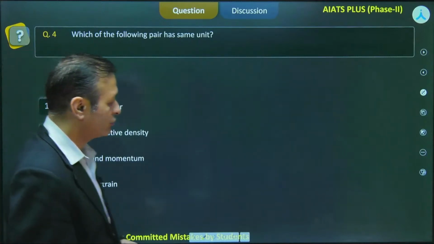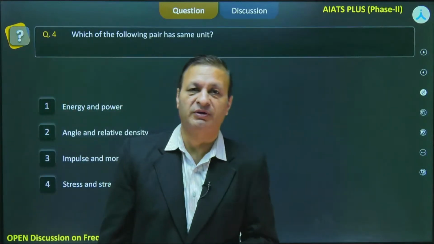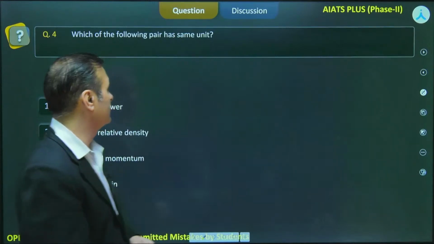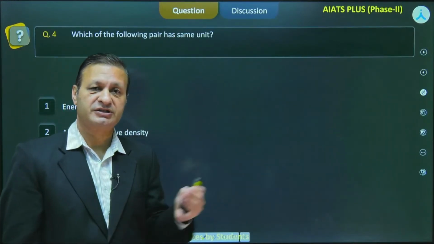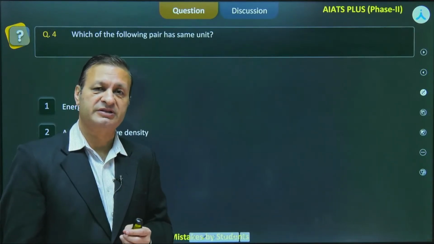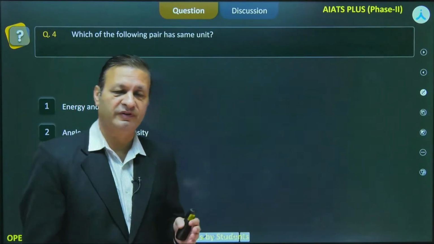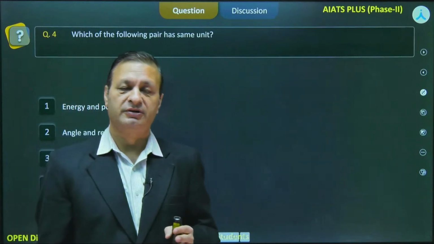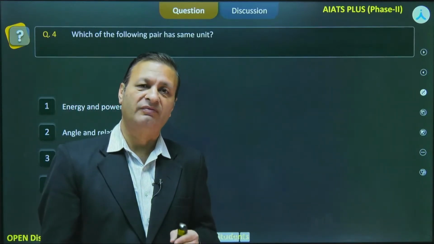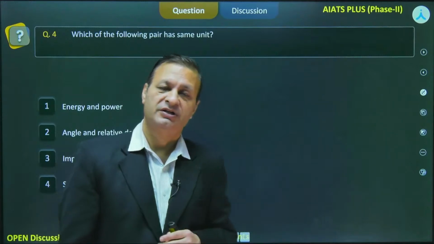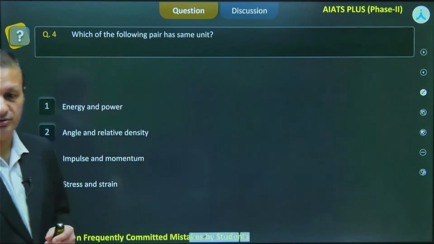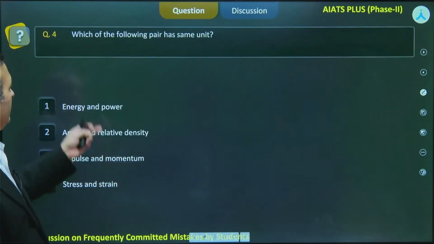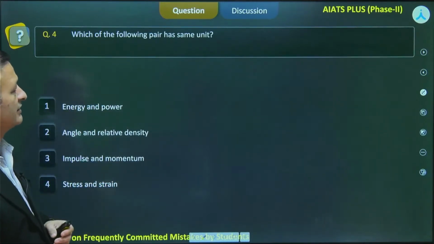Now, the next question is also quite interesting, and this is from a different topic now. This is units and dimensions. Dimension is again a very important topic, and I must say it is of utmost importance in your NEET. Probably you will have one or two questions from this unit itself. Which of the following pairs has the same units?